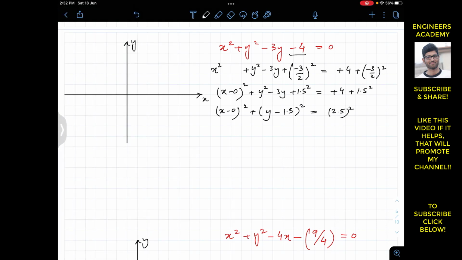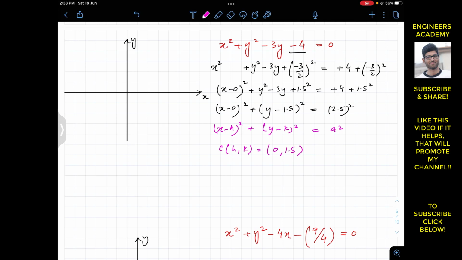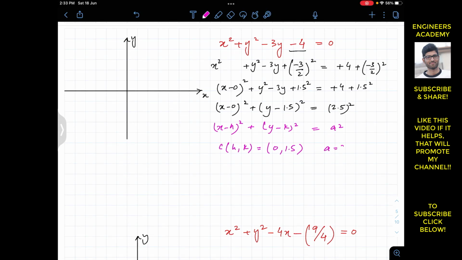Now if we compare it with the standard equation, which is (x − h)² + (y − k)² = a², we can write that the coordinates of the center (h, k) are h is 0 and k is 1.5, so (0, 1.5), and the radius a is 2.5.